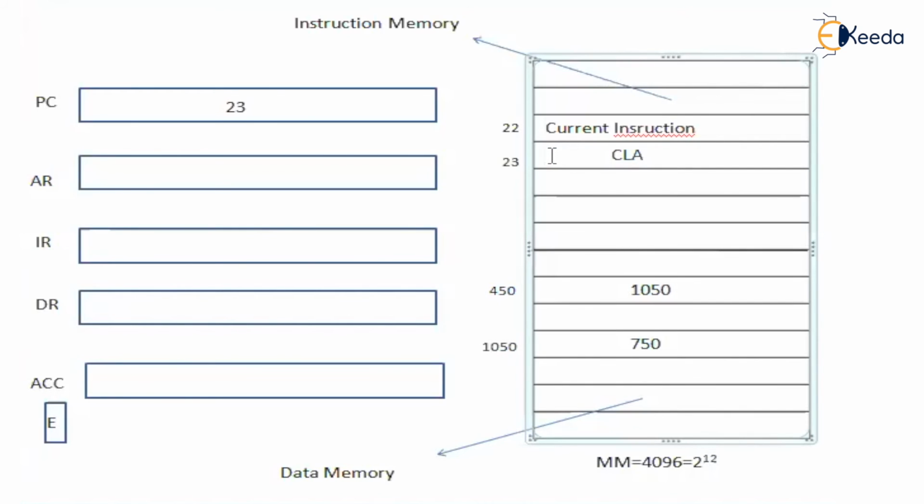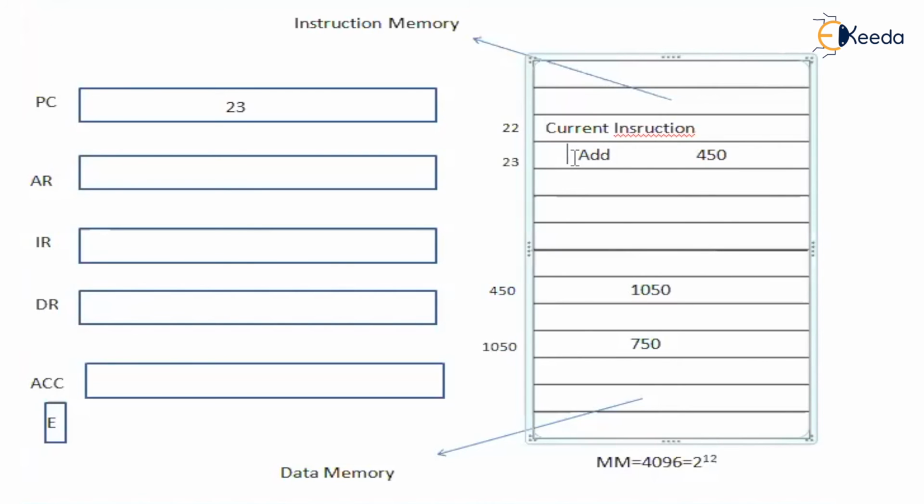So forget about it. For some instructions such as CLA and CLE, the operand is specified within the instruction itself. We don't provide an explicit operand such as add 450. When I say add 450, this 450 is an address of the operand which is explicitly specified in this instruction.